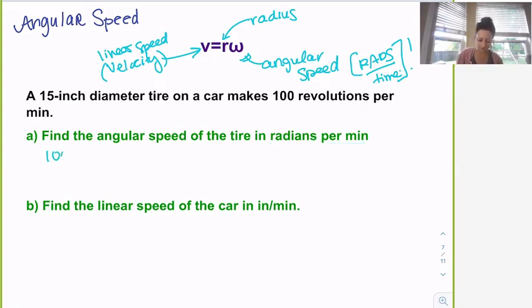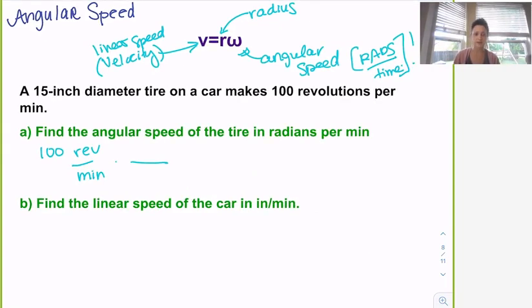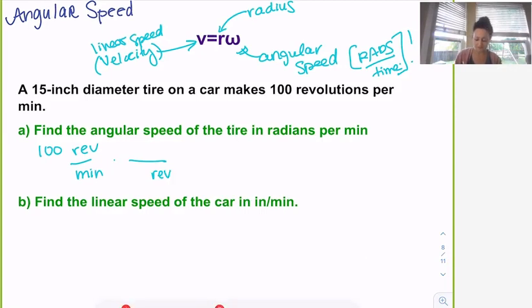So if I've got 100 revolutions per minute, and I would like to end in radians per minute, I really want the revolutions to cancel, right? So if I have revolutions in the numerator, now I need a revolution in the denominator. And I want to end with radians in the numerator.